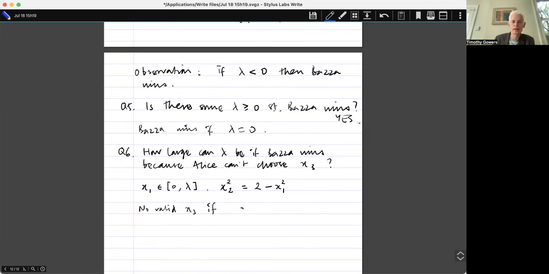So if x1 plus the square root of 2 minus x1 squared is greater than 3 times lambda. And so now we want to ask ourselves, what will Alice want to choose x1 to do? Minimize x1 plus the square root of 2 minus x1 squared.